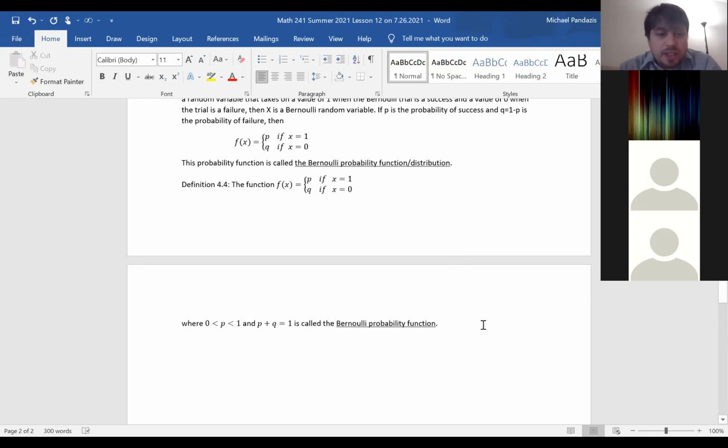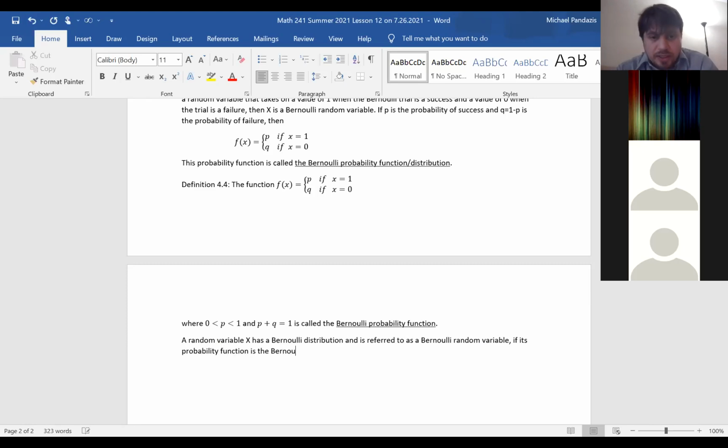Okay, so a random variable capital X has a Bernoulli distribution and is referred to as a Bernoulli random variable if its probability function is the Bernoulli probability function.